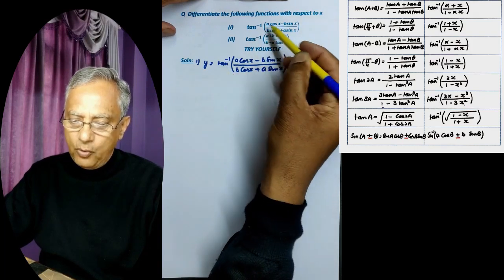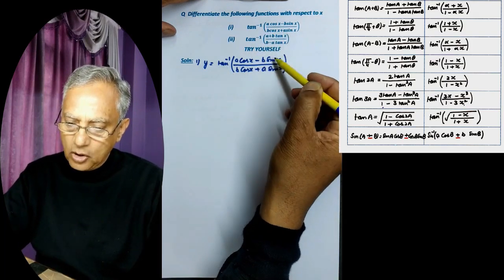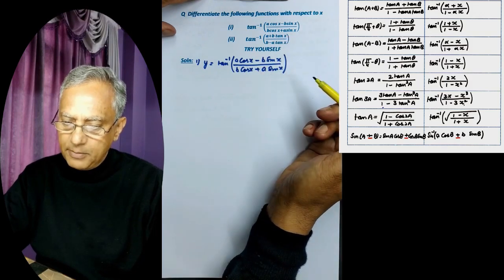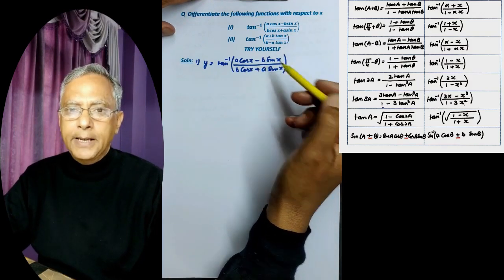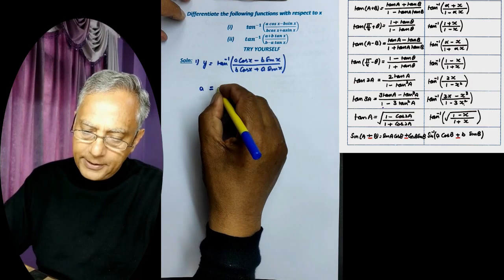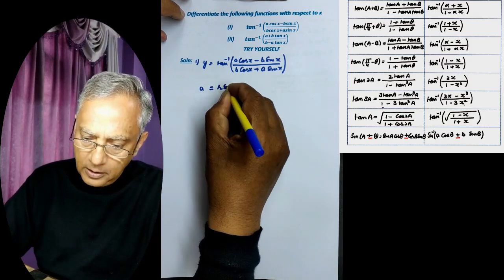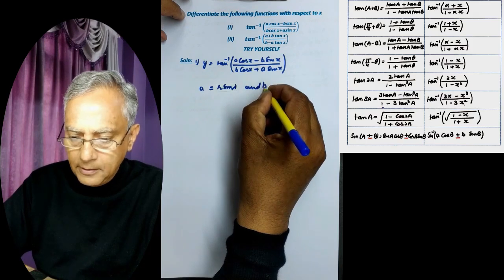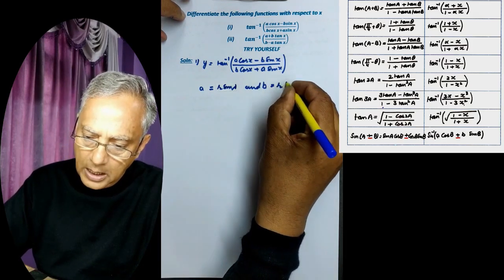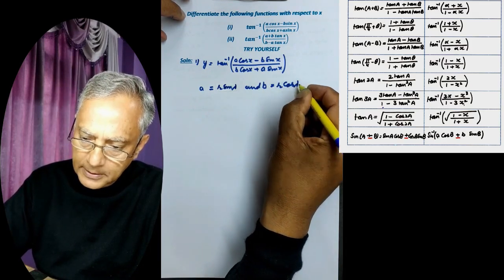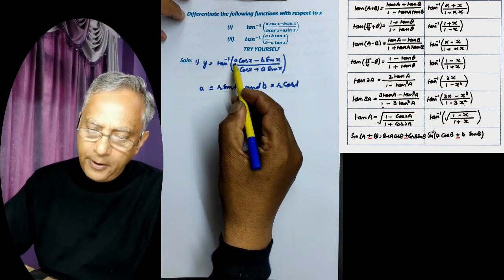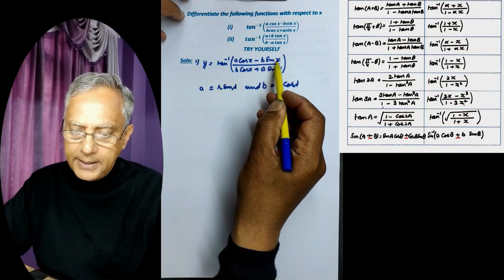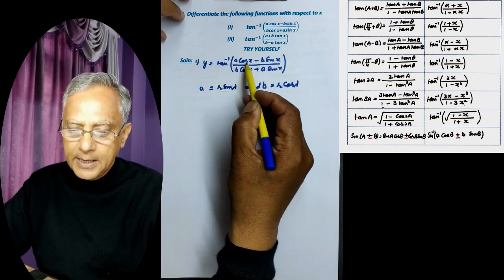We are given y is equal to tan inverse of a cos x minus b sin x over b cos x plus a sin x. If I put a is equal to r sin lambda and b equal to r cos lambda, what we will get, r will be common and we will have sin lambda cos x minus cos lambda sin x.